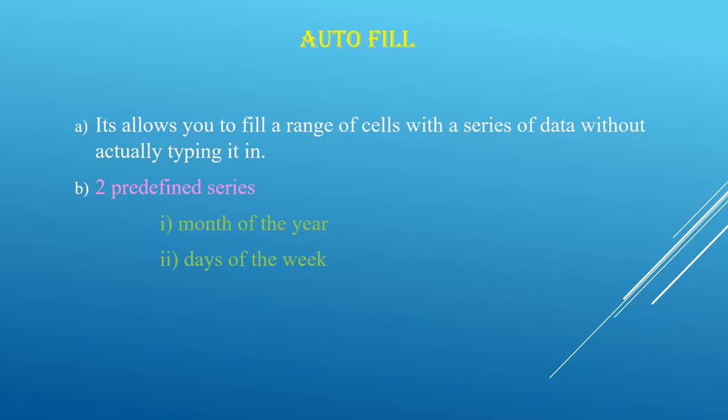Likewise the days of the week work the same way. If you type only one day, Sunday or Monday, and drag the mouse down the column, all 7 days of the week will fill automatically. That is the use of autofill. You understand? Already we learned this and I showed the examples. Do you remember? Okay, this is autofill.